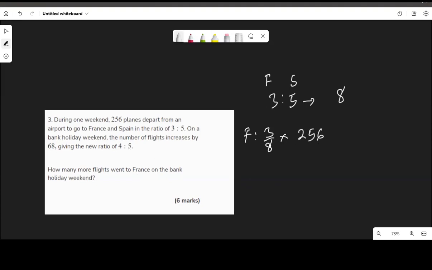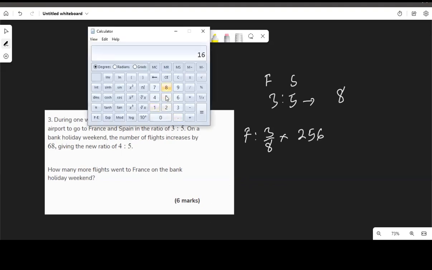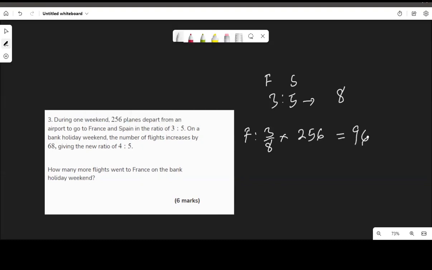So 3 over 8 times 256, that should be 96. 96 planes went to France under normal conditions.